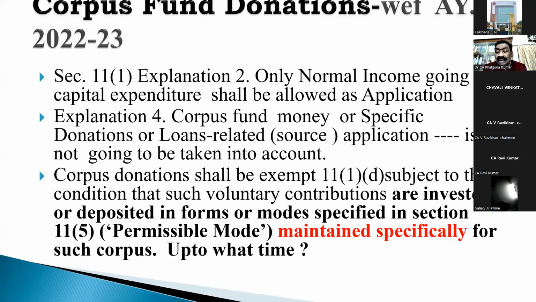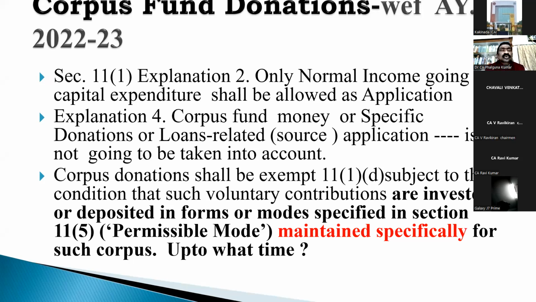And they have given one benevolent amendment in the same thing. What they say, in any subsequent year, if you have some surplus money, if you keep in 11(5) mode of earlier year's tax offered income, then again exemption can be claimed.